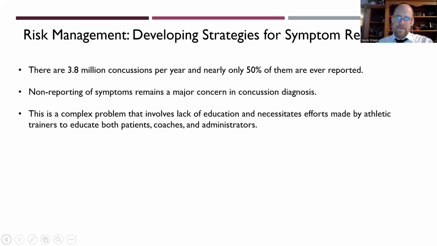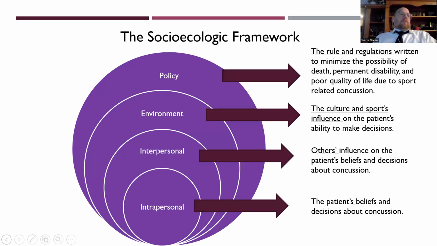And a lot of this, you guys, comes down to a lack of education about the risks associated with concussion, and also the potential effects and long-term symptoms that can present themselves after continuing to play with a concussion and not reporting it and not seeking treatment. So what is this?